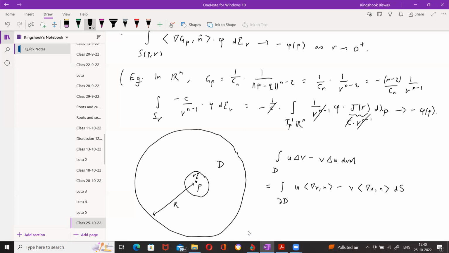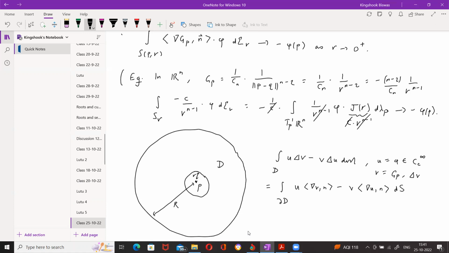And this integral over the domain D: u is equal to phi in C-infinity, my test function, and v is equal to the Green's function, g sub p. Then the Green's function is harmonic on this whole annulus, because the only singularity is at p, which is outside the annulus.